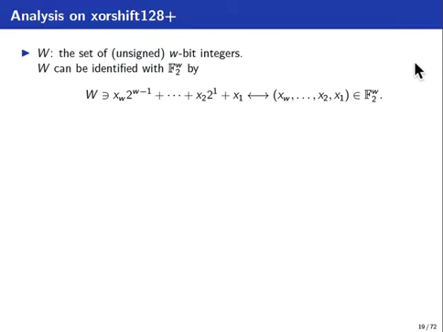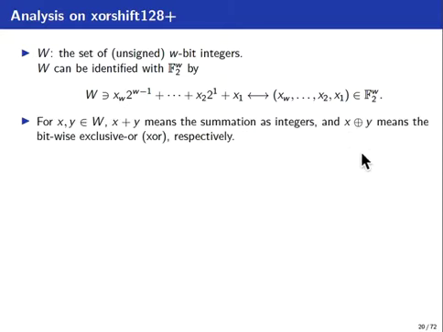This page and the next describe the algorithm of Xorshift128+. We denote by W the set of w-bit integers. W can be identified with the n-dimensional vector space over F2 by this correspondence. For two integers x and y, x + y means the summation as integers, and x ⊕ y means the bitwise exclusive OR.